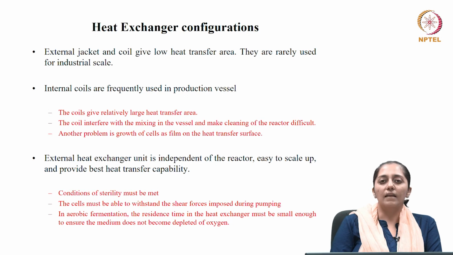The demerit is that they may interfere with the mixing in the vessel and may also make the cleaning of the reactor difficult. Another problem can be that the cell mass can get stuck to these coils and may start growing as films, causing heat transfer and mass transfer limitations.